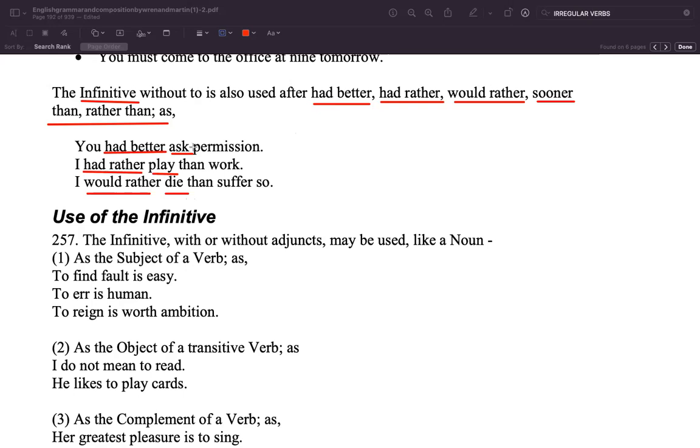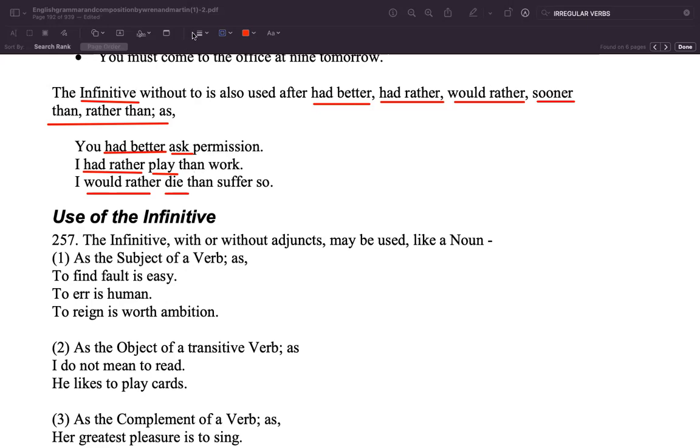I will join you, rather stay absent. So in that case you would find out the infinitive is used in 3 different areas. They are called bare infinitive, meaning without to. The verb is called a bare infinitive.